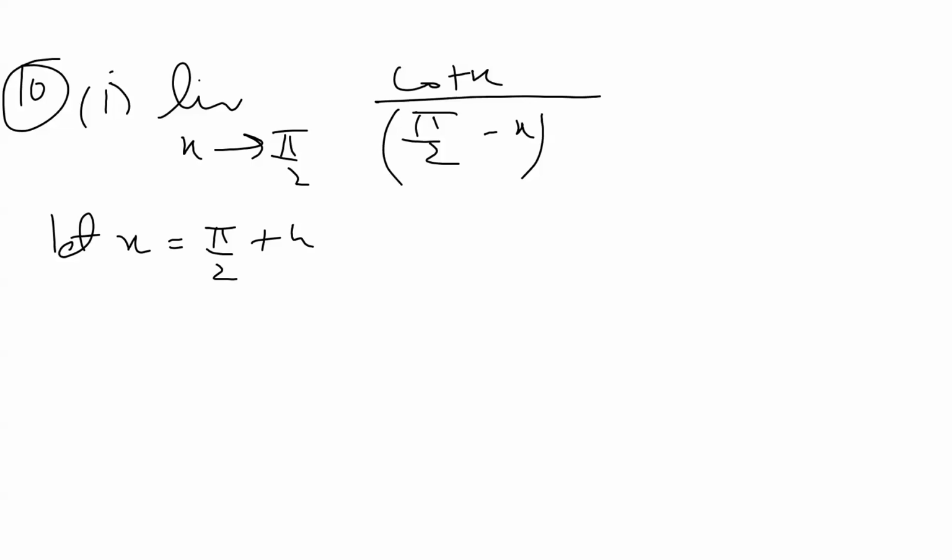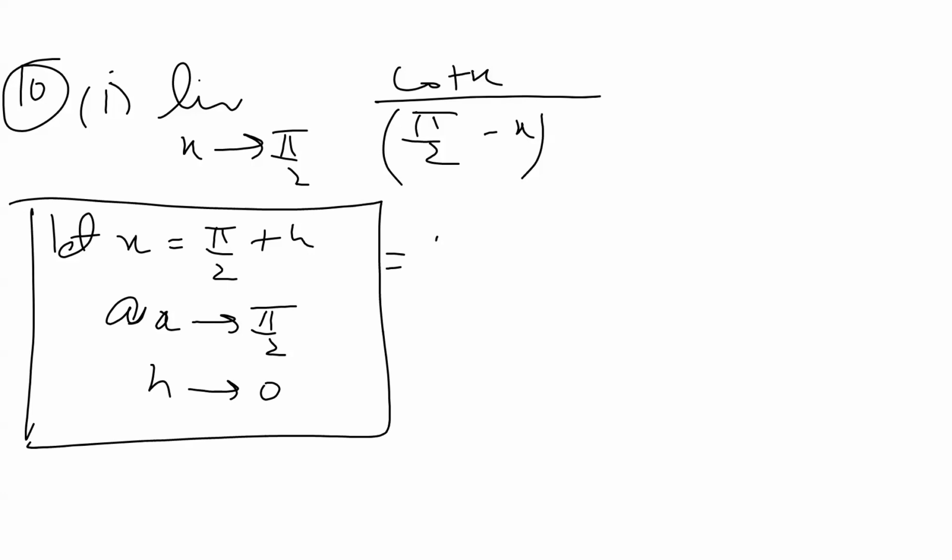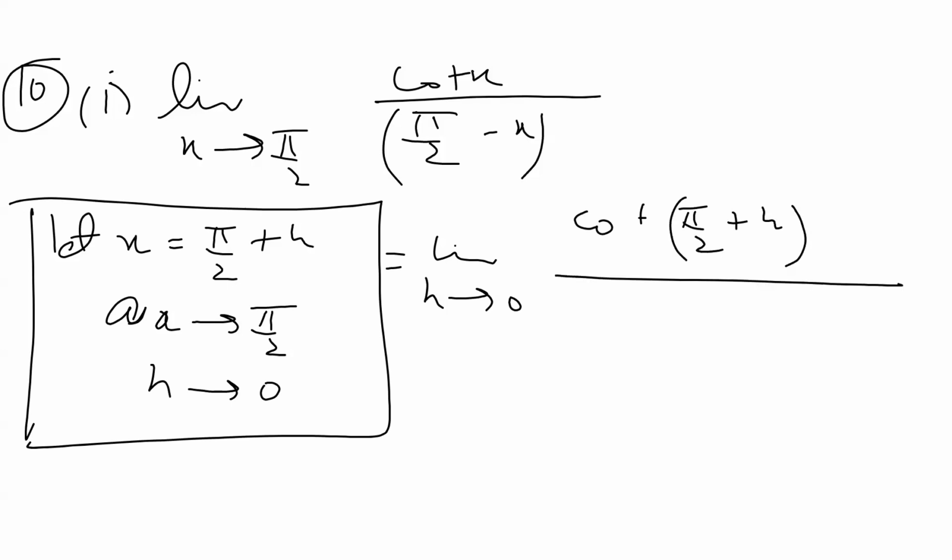Let x is equal to pi by 2 plus h. As x approaches pi by 2, h will approach 0. So limit h approaches 0, cot(pi by 2 plus h) upon (pi by 2 minus (pi by 2 plus h)).